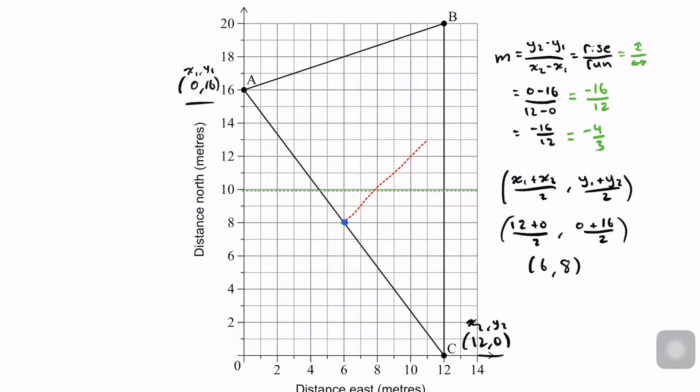That looks pretty good. Maybe I'll try to extend it the other way. Okay. So along this line, any point, if we've drawn it correctly, would be an equal distance away from both A and C.